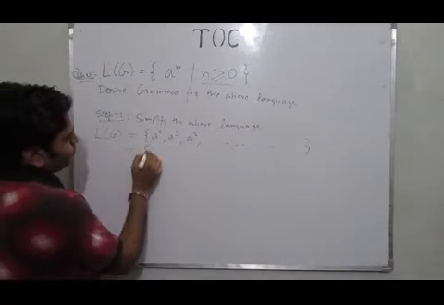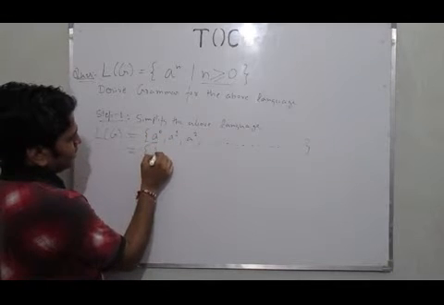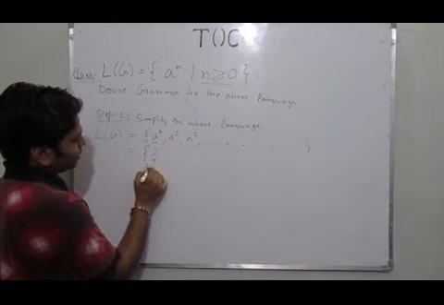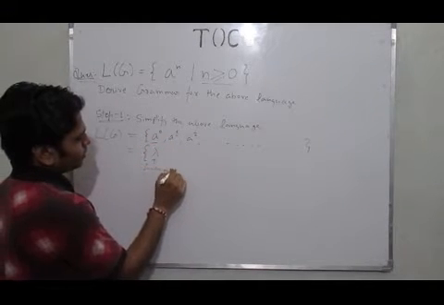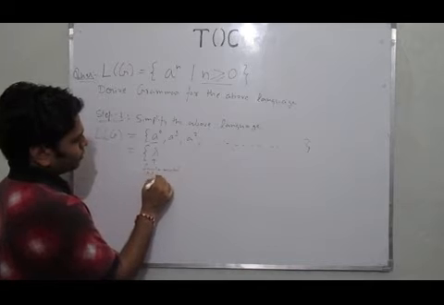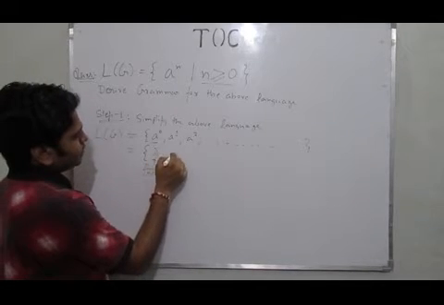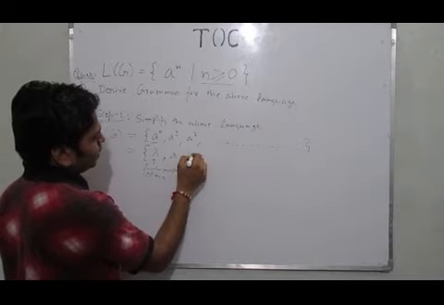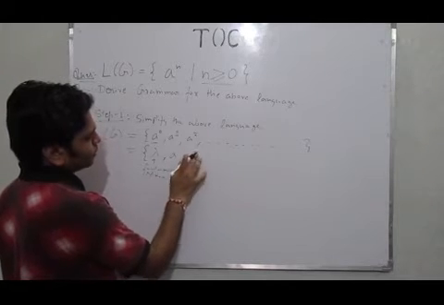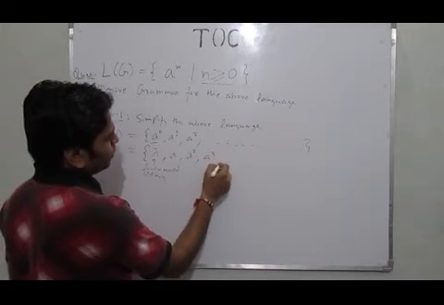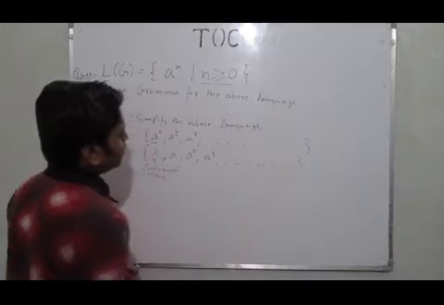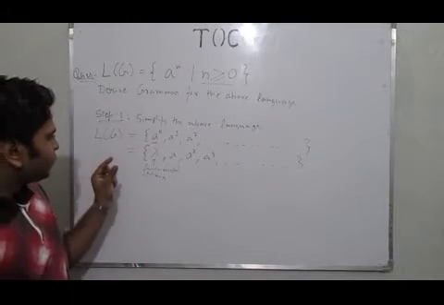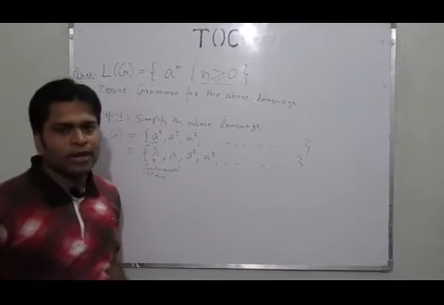So this simply implies lambda as a fundamental string, a^1 is a, a^2 is aa, then a^3, and so on. So we have obtained a simplified version of the above language.